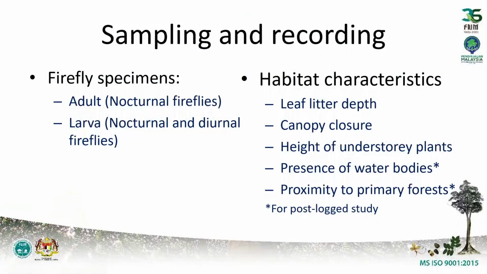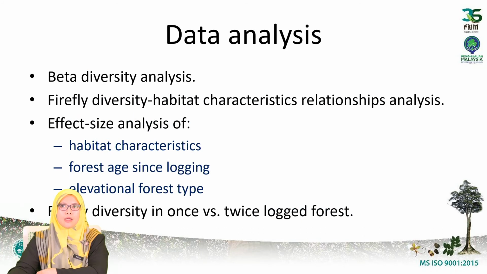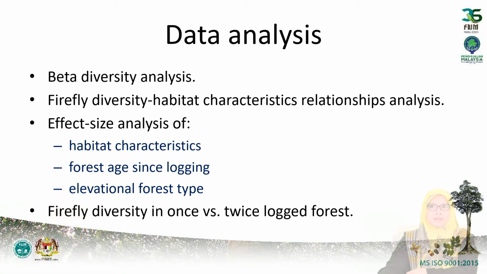When it comes to the sampling and recording, the method used in the field was the active search method to collect the specimens of fireflies, and habitat characteristics were also recorded. The 4 key characters of the habitat were selected because they are hypothesized to influence the firefly distribution and abundance. All statistical data analysis was conducted using the R program according to specified statistical packages.